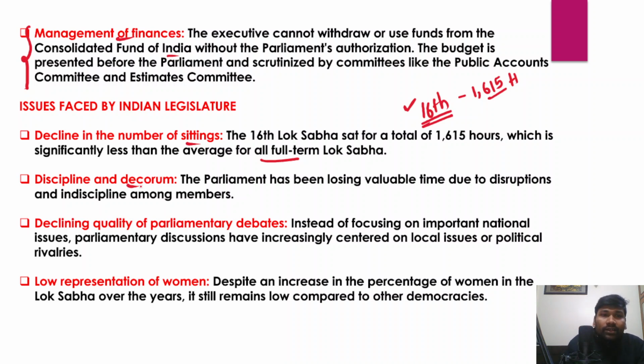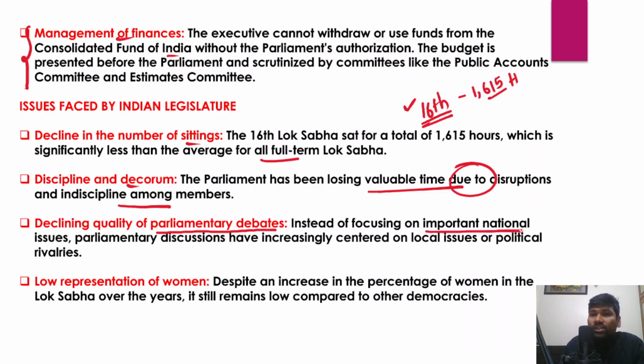And discipline and decorum is another major issue faced by the Indian Parliament. Parliament has been losing valuable time due to disruptions and indiscipline among the members as well. Similarly, the declining quality of parliamentary debates is also another major issue.